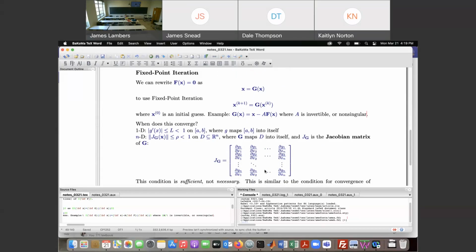This is playing the role of G prime from the single variable case. And what do we want to be true of this matrix? The sufficient condition for convergence is that some norm of the Jacobian, recall I talked about norms with respect to iterative methods and also the condition number, should be bounded by some constant rho that's less than 1.